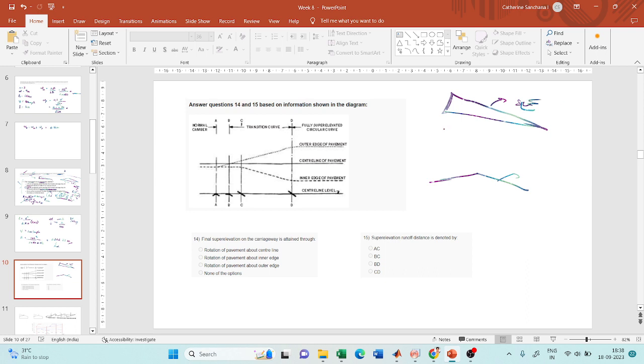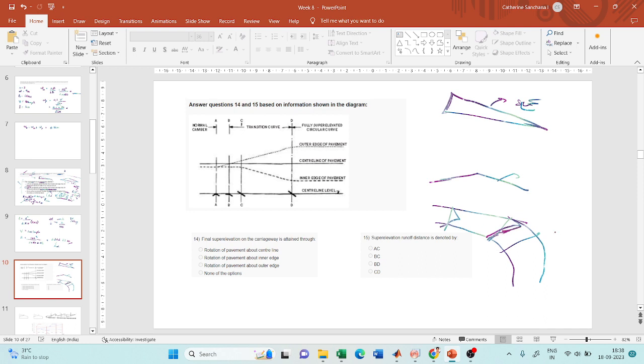Now, how will you introduce the super elevation to the pavement? Your pavement is like this, and has a cross slope like this. Now, if you take this as my roadway, where this is the horizontal curve and this is the straight section, it has a cross slope of camber here and it has a super elevation here. The super elevation starts from here, at the beginning of the horizontal curve.